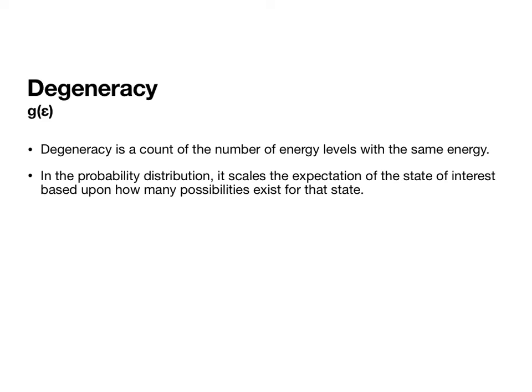It's going to be a count of the number of energy levels with the same energy. So in the probability distribution, it's going to scale the expectation of that state based upon how many possibilities exist for that state. And for each different type of molecular energy that we consider, we're going to think about what the degeneracy can be for that system or for that condition.